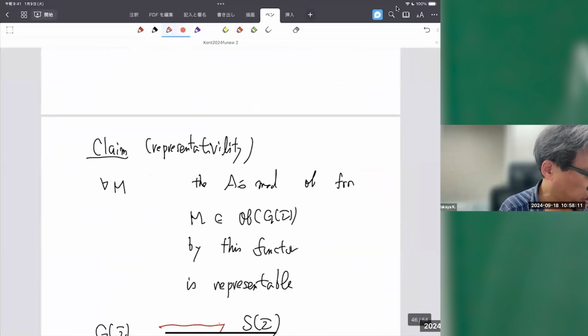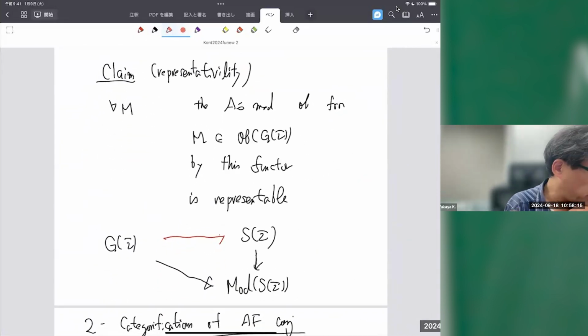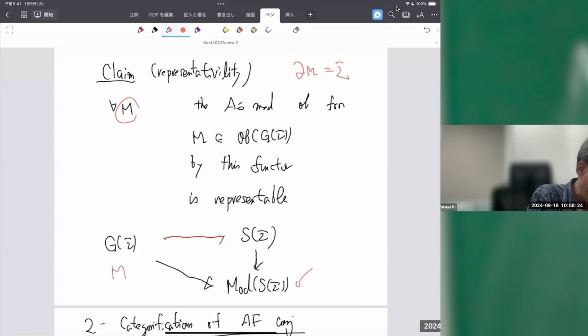So now the claim is the representability. What is the representability? If you have an M, so that the boundary of M is sigma, and then we consider this object M, this gives a module, an S sigma module. And then our claim is that this S sigma module lies in the image of the Yoneda functor.